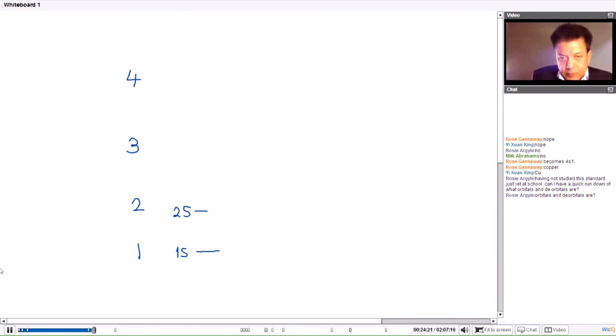I'll just draw them off to the side here, just to avoid some clutter. 3 lots of 2p orbitals. So sometimes we write them as 2px, 2py, and 2pz.